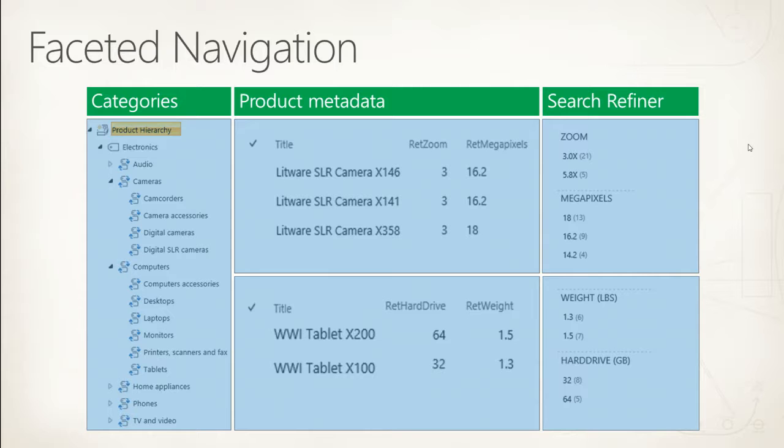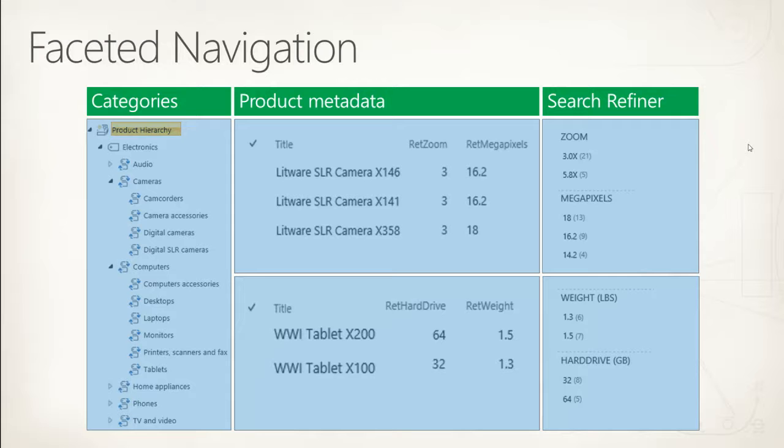On the right-hand side, you then see how we aggregate across those product metadata information to then show you those options. So you can select here between zoom 3x or 5.8. You can select megapixels. That's for the camera. And for tablets, you can select amongst weight and hard drive. And I, as a business manager, actually decide what options should be shown per category. So that is what's called faceted navigation.